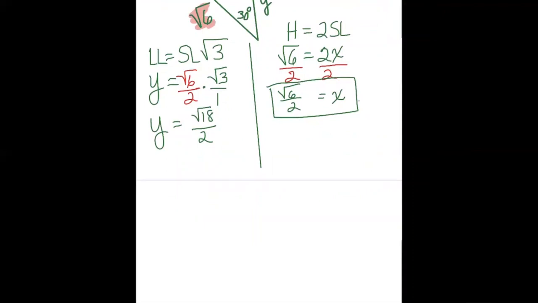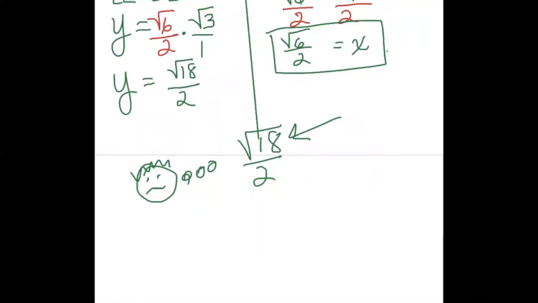Here I am thinking, something funny is here. So I'm going to take the square root of 18 over 2 and do something a little bit more with this. The reason why is because I think there's a perfect square in that 18 as a factor. And I'm right. 9 times 2 is 18.